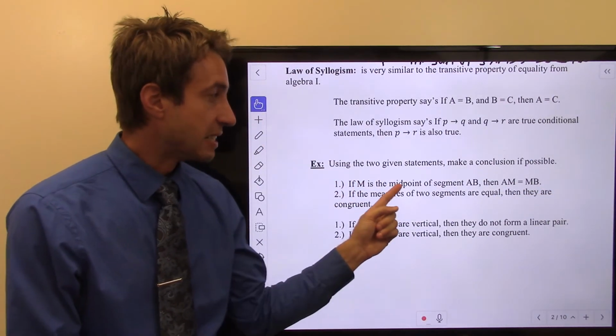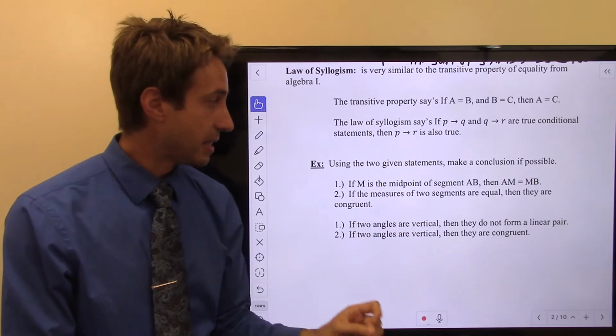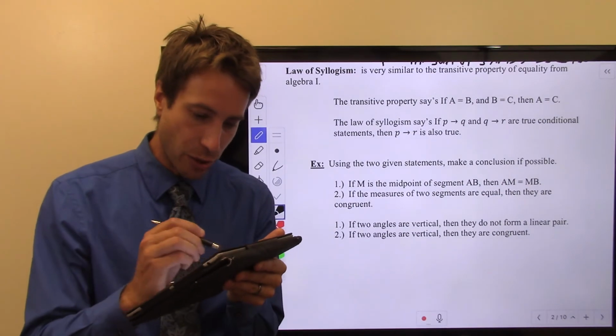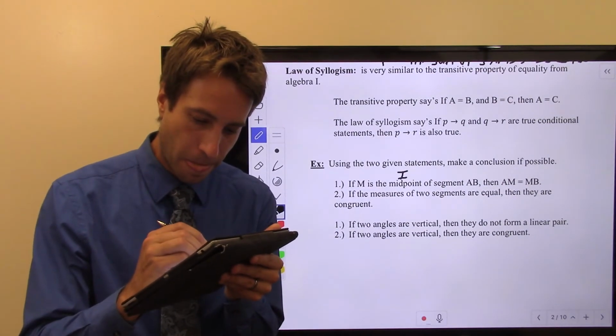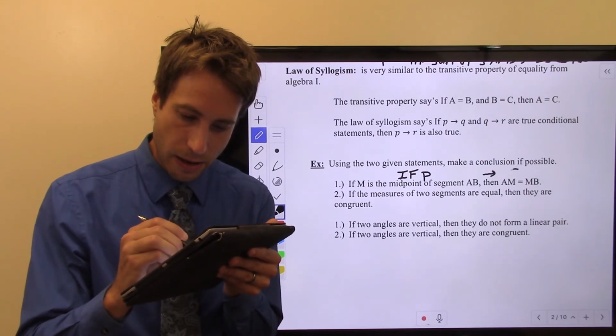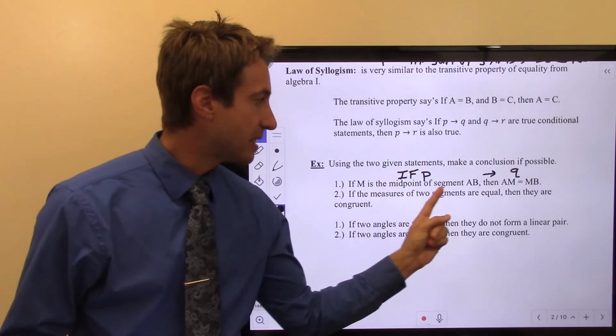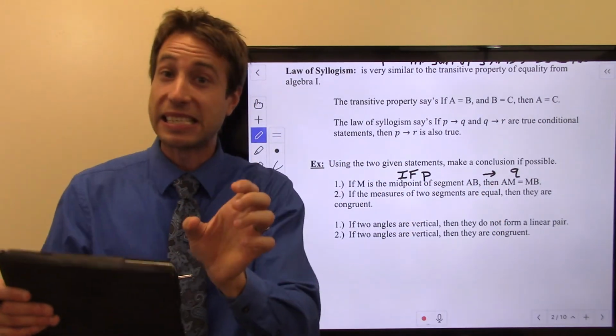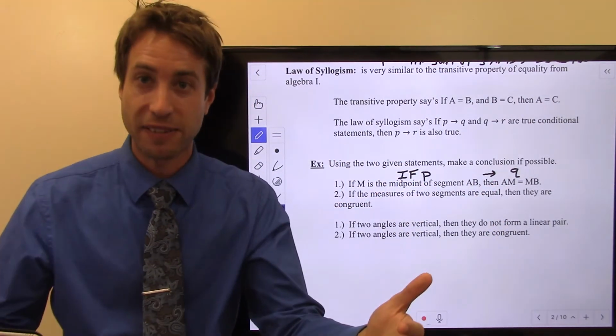If M is the midpoint of segment AB. So here's what you've got. You have if P, then Q, right? If M is the midpoint of segment AB, then AM, that segment AM, is equal to MB, right? That is the definition of midpoint.